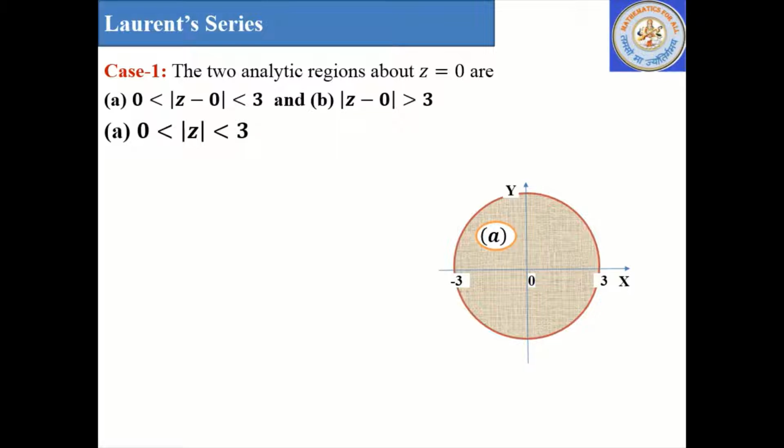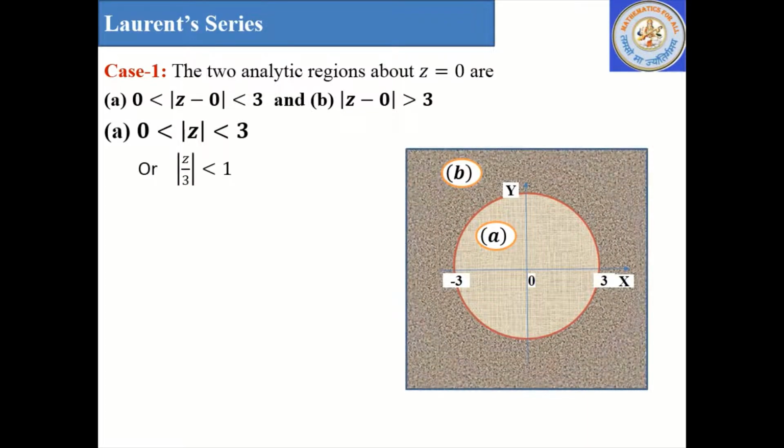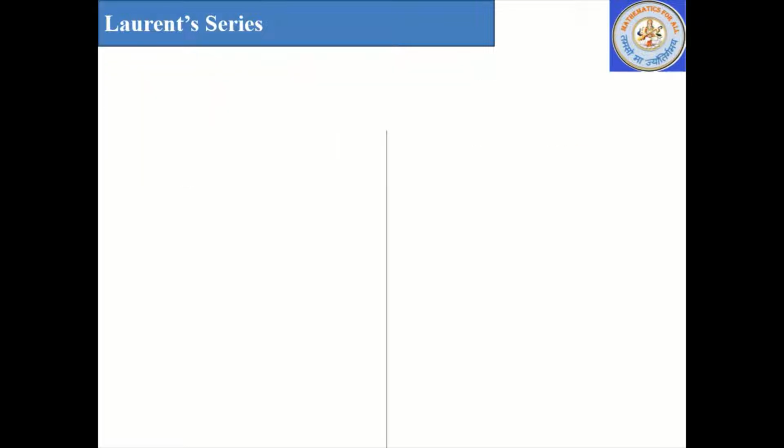And the second one is the rest of the complex plane, which is outside mod z equals 3.